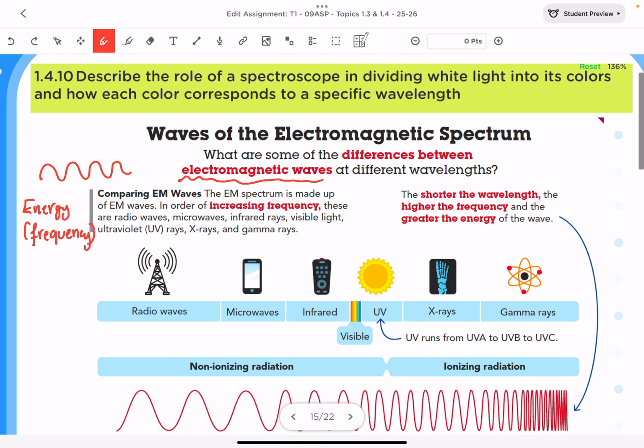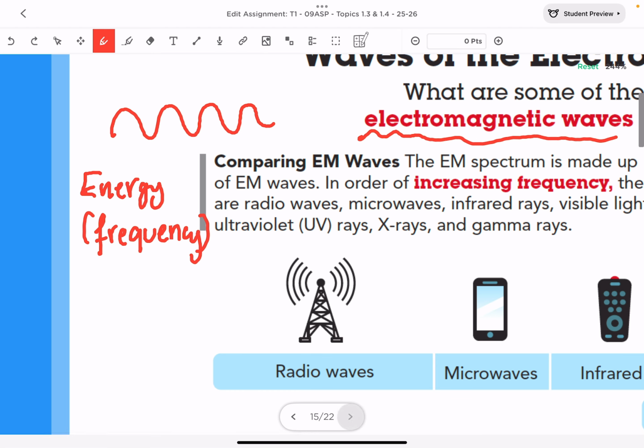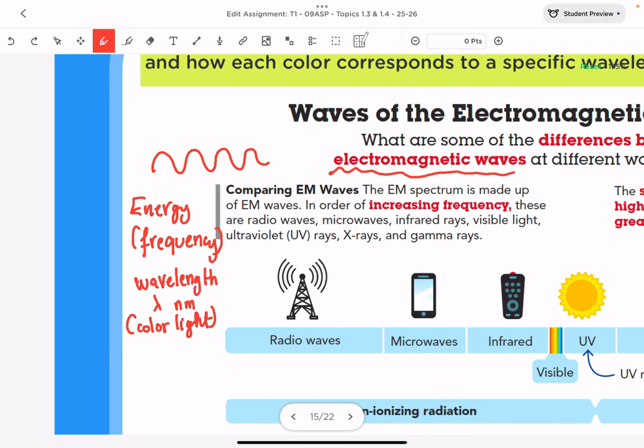And I am also interested in the size of this wave, which is the wavelength in nanometer. Now, the wavelength identifies the color of the light.